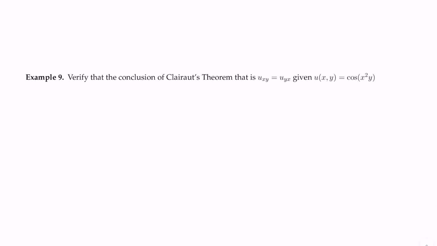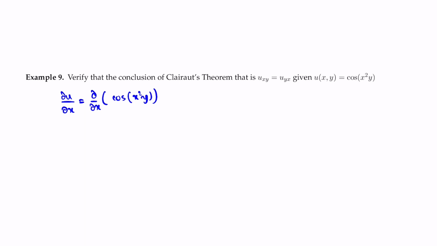Moving on to example 9, it's getting a little bit complicated for this function when you verify the conclusions of Clairaut's theorem because you need to apply the chain rule when you find the derivative. Alright, so first you want to find partial u partial x, that is partial x of cosine of x squared y. So cosine is the outside function and x squared times y is the inside function.